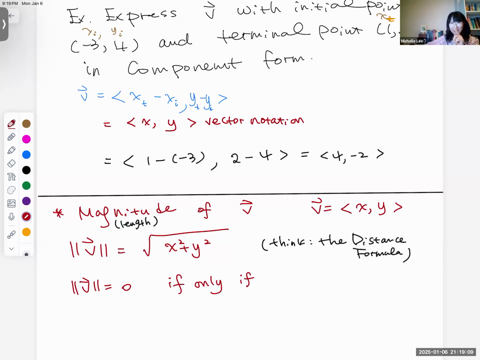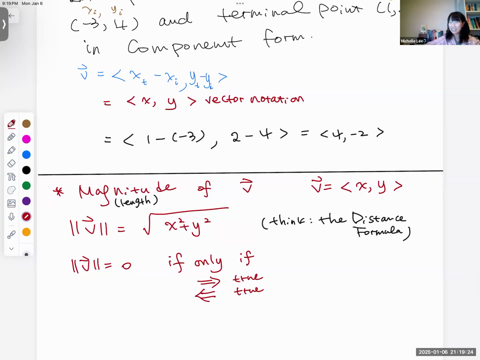If and only if. Anyway, this means if we go in this direction, it is a true statement, and if we go in this direction, it is also a true statement. That means the magnitude equal to 0 means the vector v equals the 0 vector.